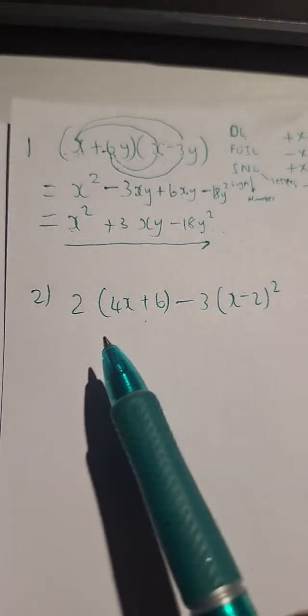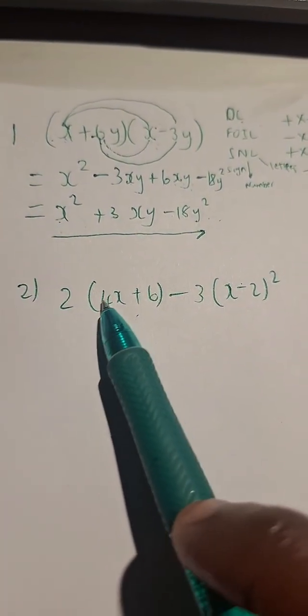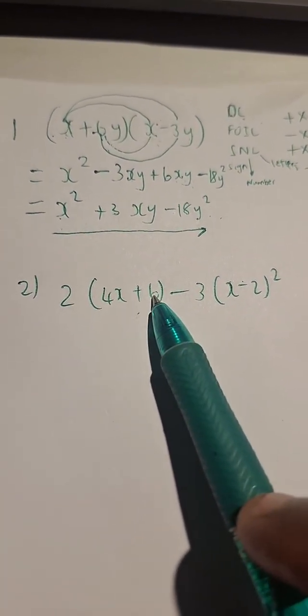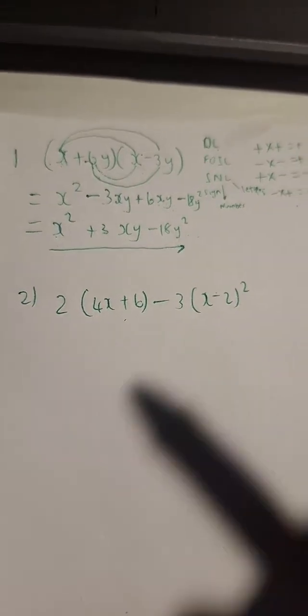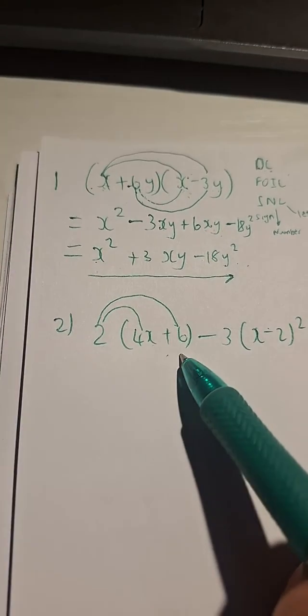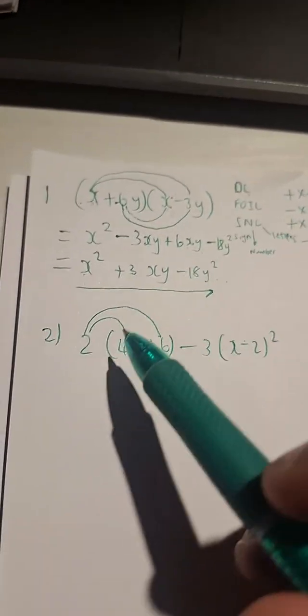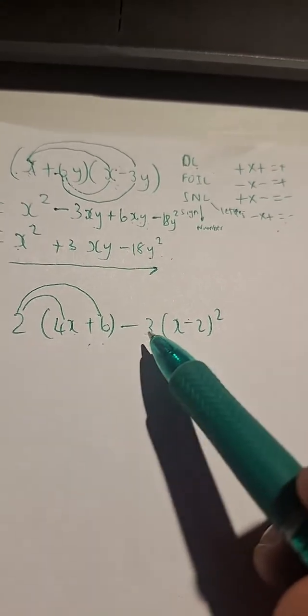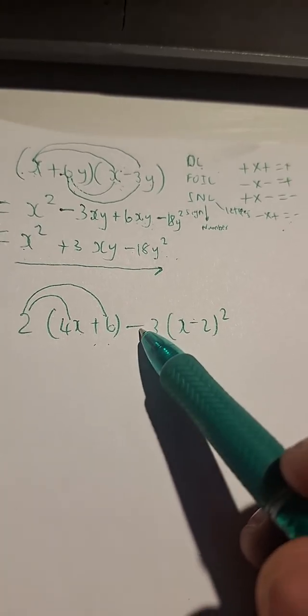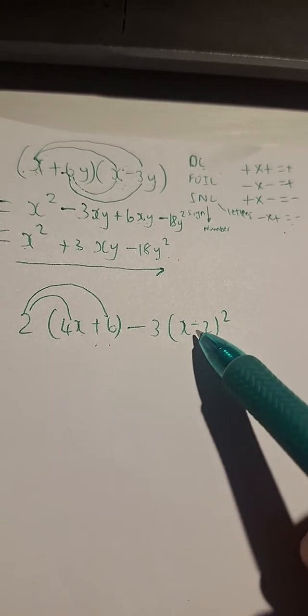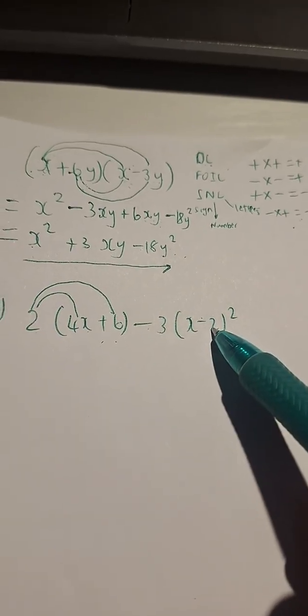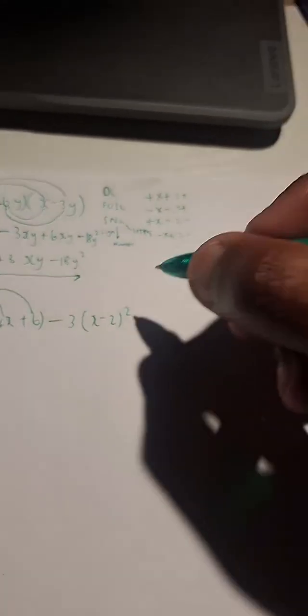Number 2. This 2 and this bracket 4x plus 6. What can I do with it? Well, I can distribute for the first term 2 into 4x and plus 6 using the what? The distributive law. Okay. Then let's come here. Minus 3 with brackets x minus 2. Then here there's an exponent.